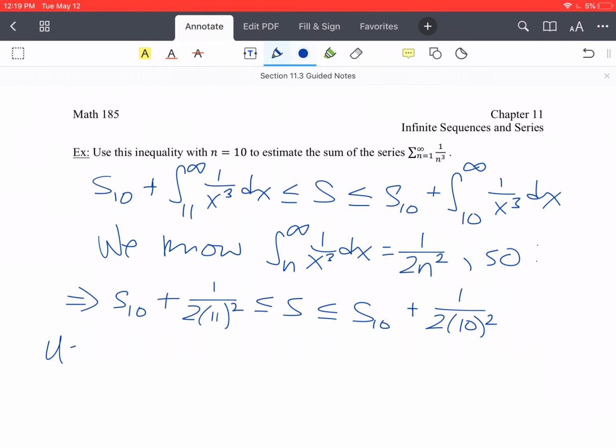Okay, and then we found an approximation for s sub 10 in the last example. I'm going to take it a couple decimal places further this time, just for the sake of even more accuracy. But we get 1.197532.